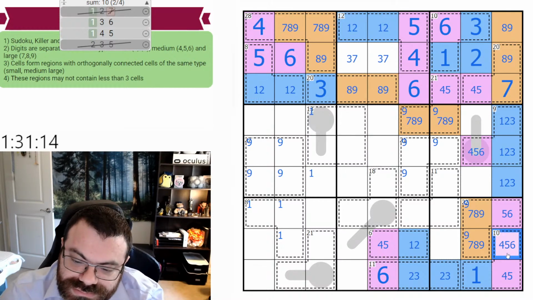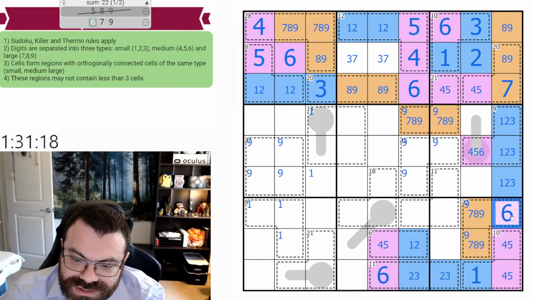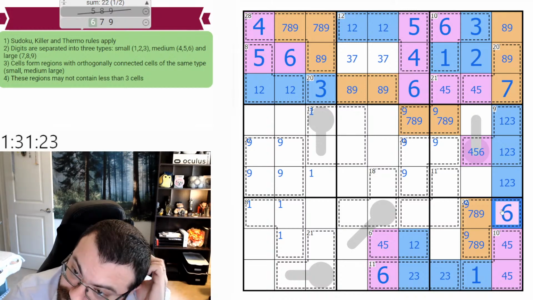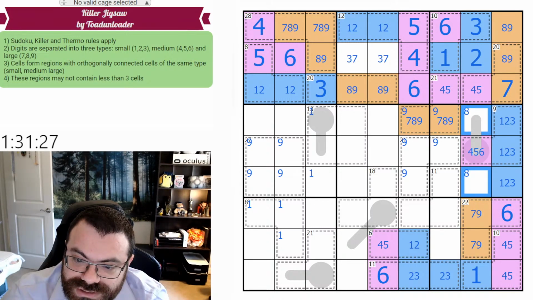Oh, I see. These two have to add to 9, and this is 4, 5, so this is also 4, 5. That places 6. With a 6 in here, this is 7, 9. So we have an 8 in one of these.